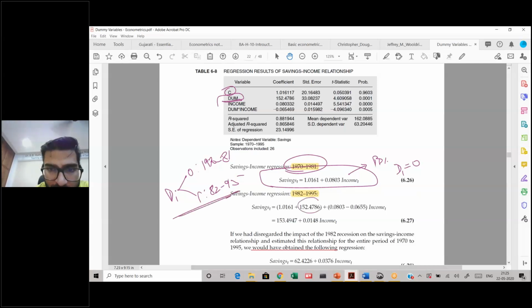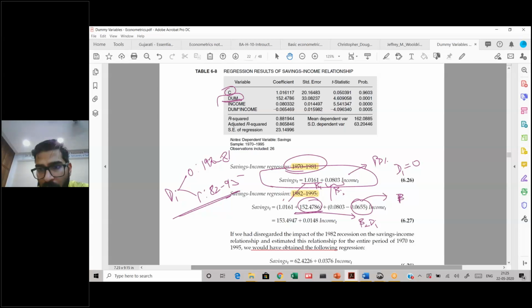This is your value of B1. This is the value of B3. These values are the same here and here. This is the value where you have only the intercept term. This is your B2 DI, and this is the value of beta 4, which is essentially DI into XI.